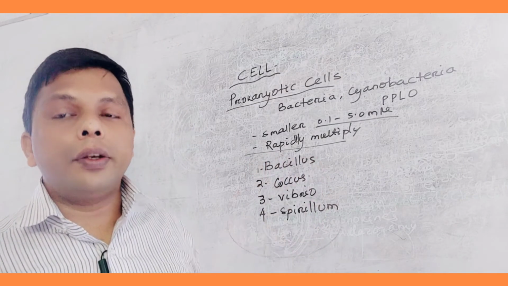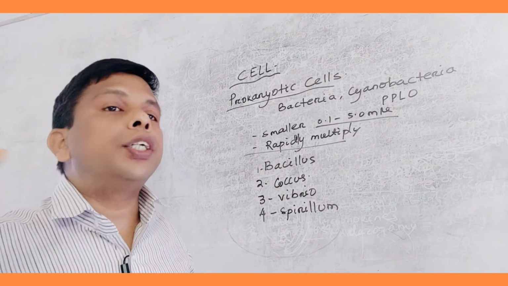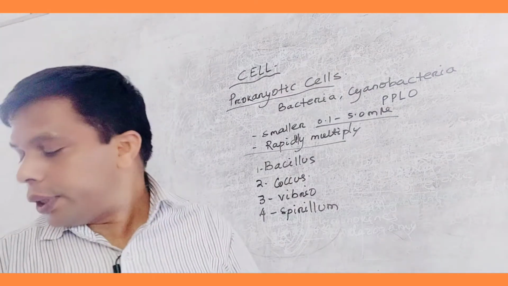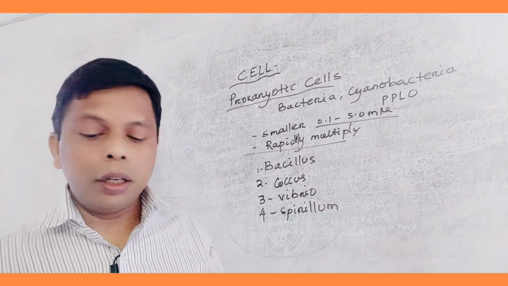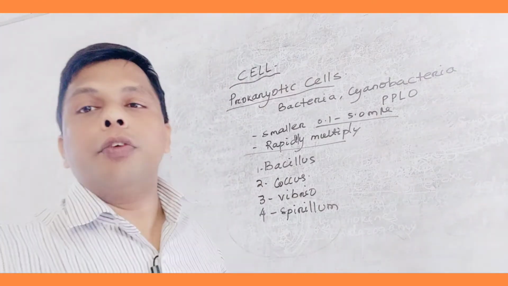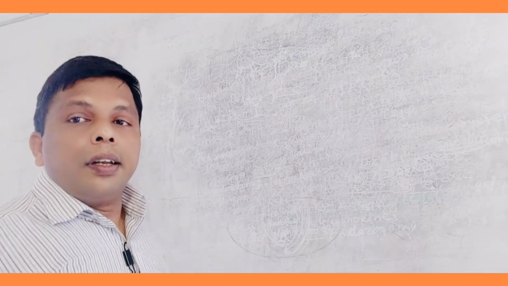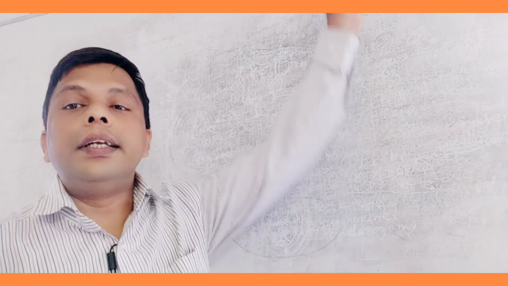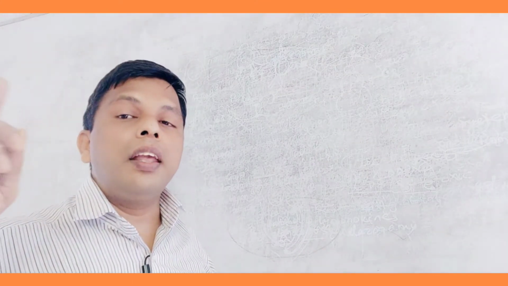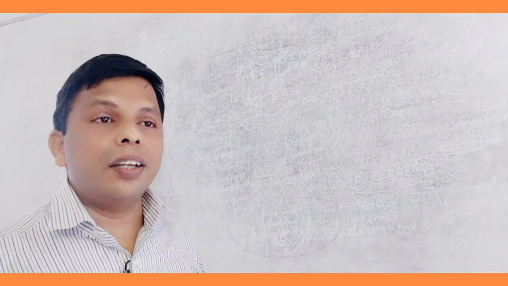All these prokaryotes have a definite structure. When the prokaryotic cell is viewed under the electron microscope, the detailed structure can be revealed. Let's discuss the detailed structure of a prokaryote under the microscopic field.